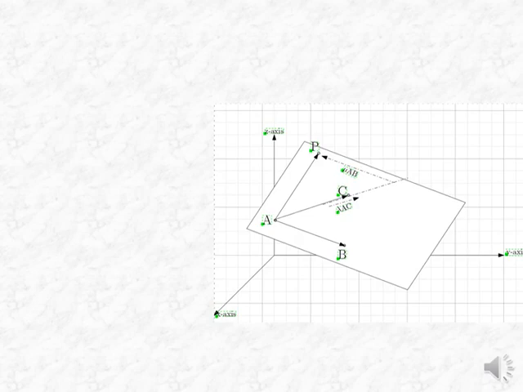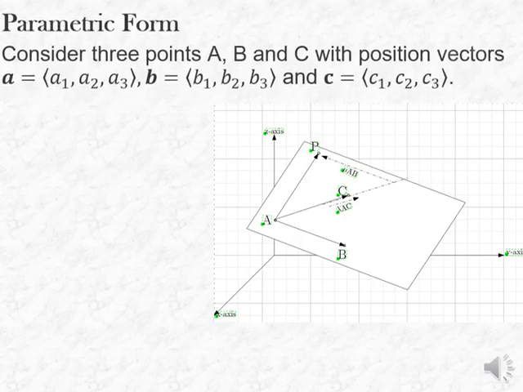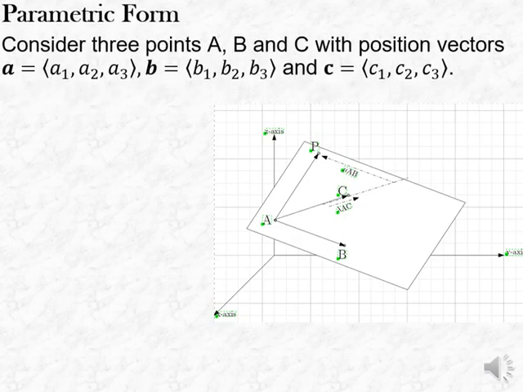Now we are going to derive another form, this time in a parametric form. So if we consider 3 points A, B, and C, which are in the plane with components a1, a2, a3, then B with b1, b2, b3, and C with c1, c2, c3 respectively.